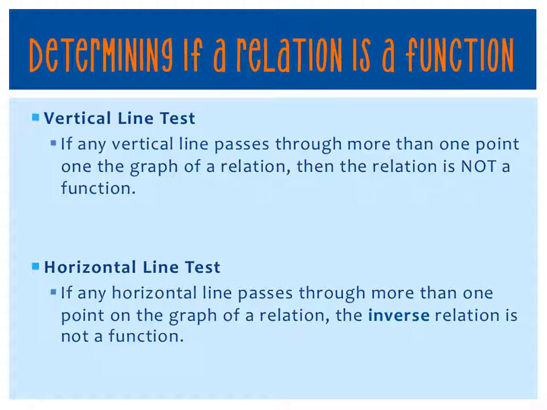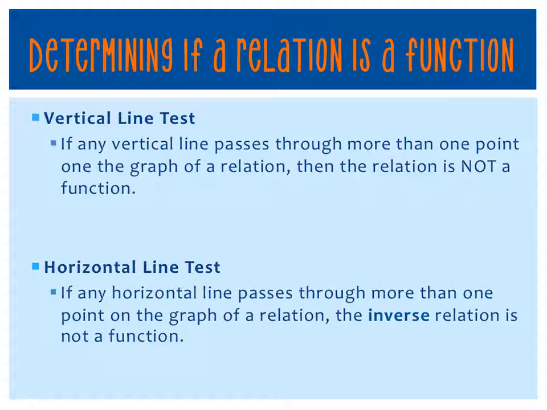If you can draw a vertical line through the graph and that vertical line hits that graph at more than one point, the graph is not a function. If you're trying to determine if the inverse of a function is a function, then you use the horizontal line test.